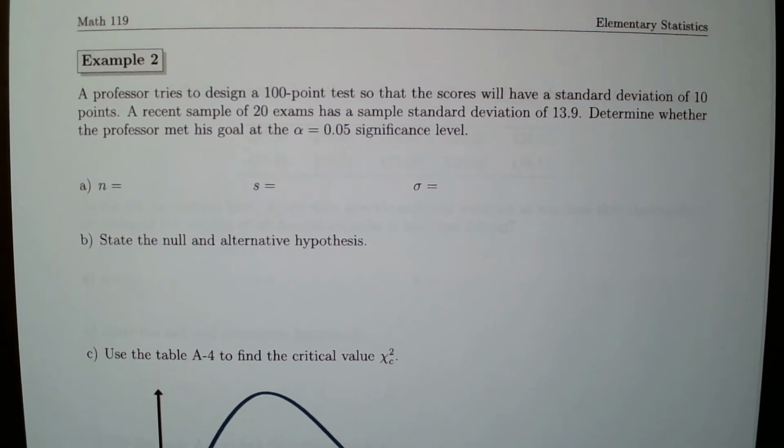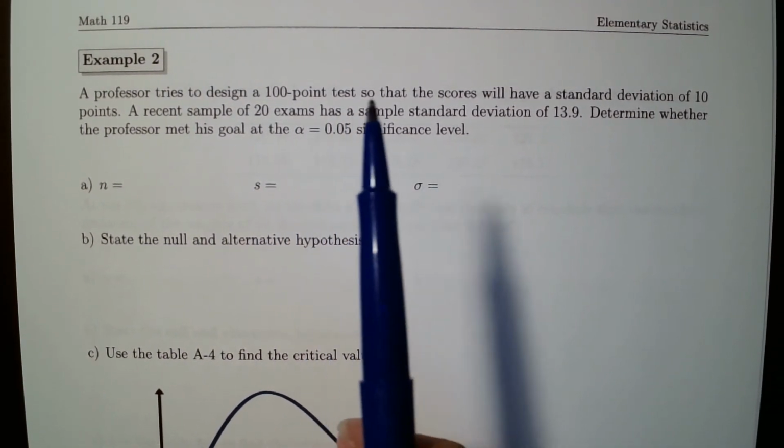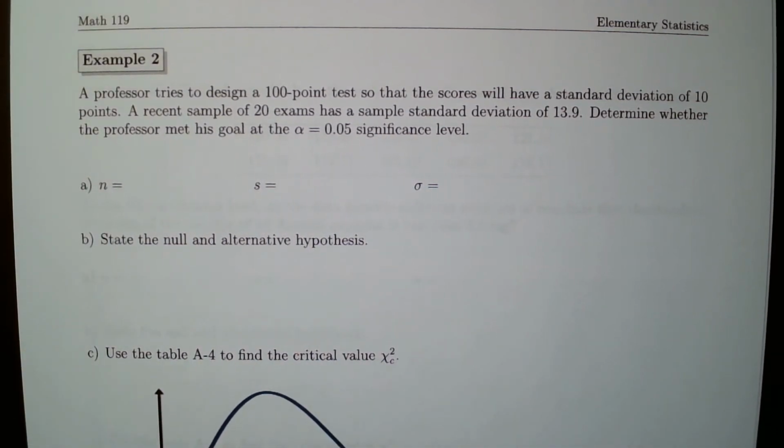Determine whether the professor met his goal at the alpha 0.05 significance level. This one might be a little bit tricky in the sense that how do we know whether this is two-tailed, or one-tailed, and if it's one-tailed, is it right-tailed or left-tailed?